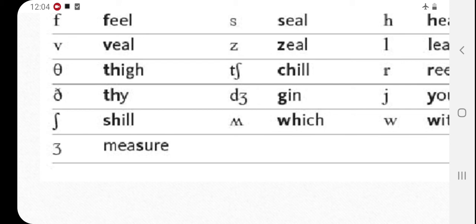You need to understand that it is actually the ya sound, measure. This word is not mayor, it is measure. So the ya sound is there, as we have z and ye sound in Urdu alphabets.